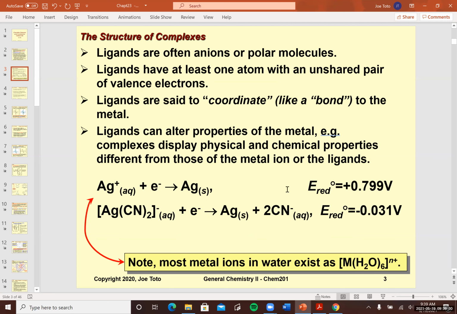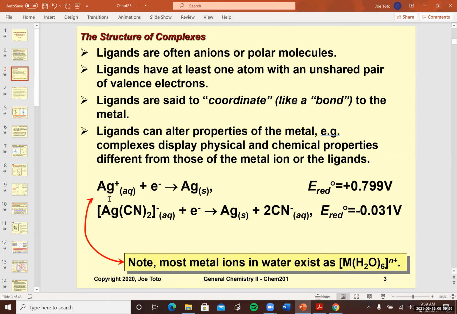What makes it a coordinate covalent bond is that the origin of the electrons that are being shared originate from the ligand. Whereas, the regular covalent bond that you learned about in 200 came about from electrons centering on each atom, and then they come together and share those electrons in a molecular orbital.